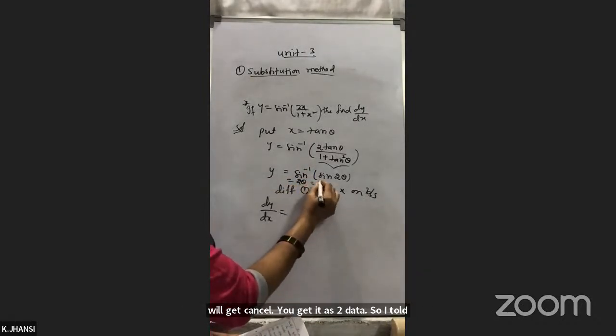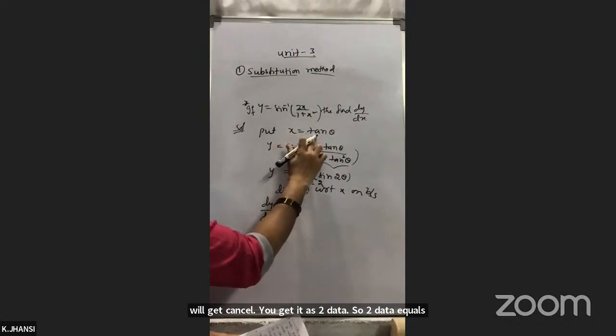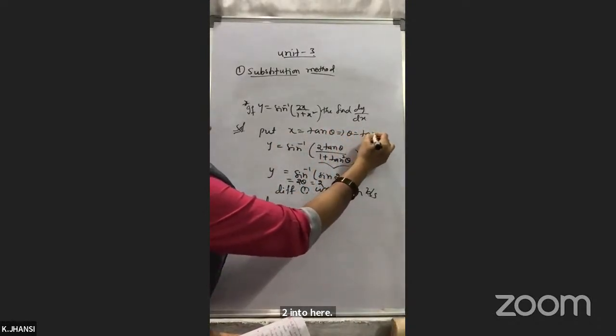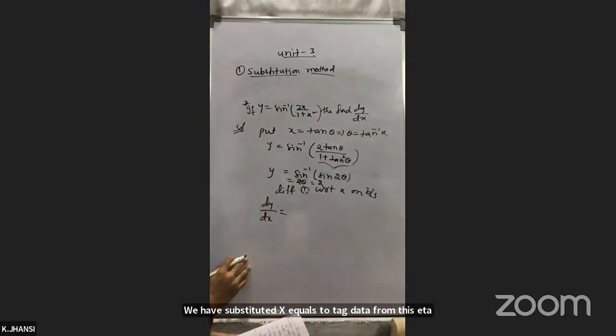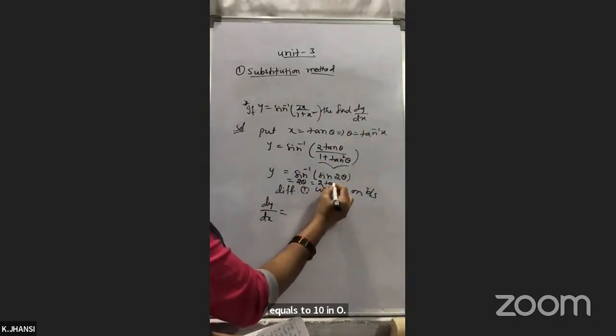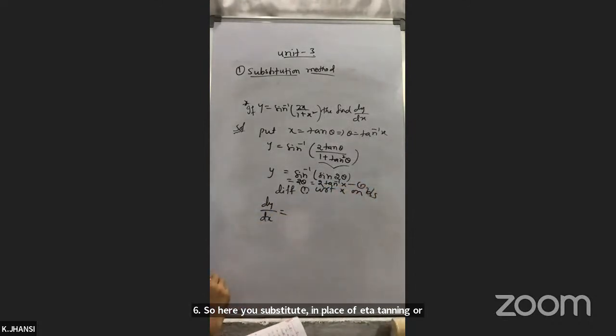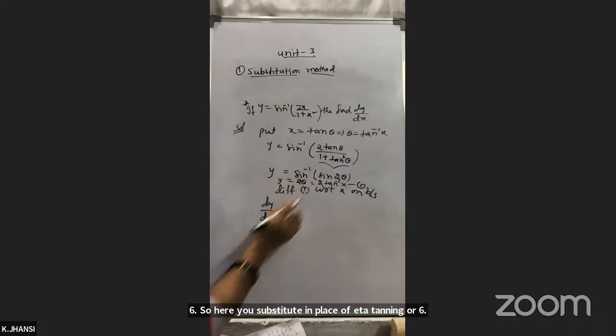Here we have substituted x equals tan theta, so theta equals tan inverse x. In place of theta, you substitute tan inverse x. So y equals 2 tan inverse x.